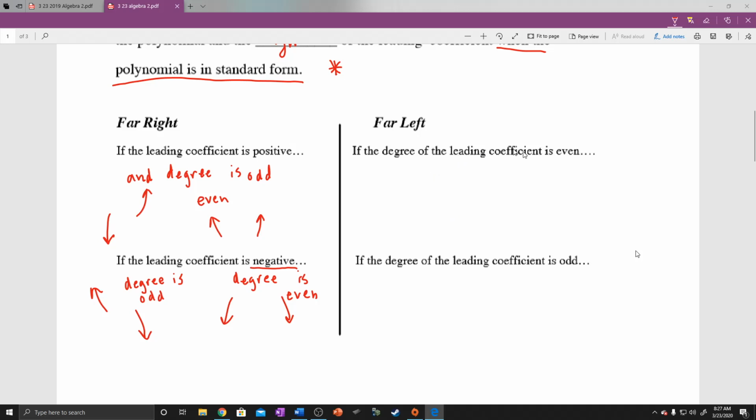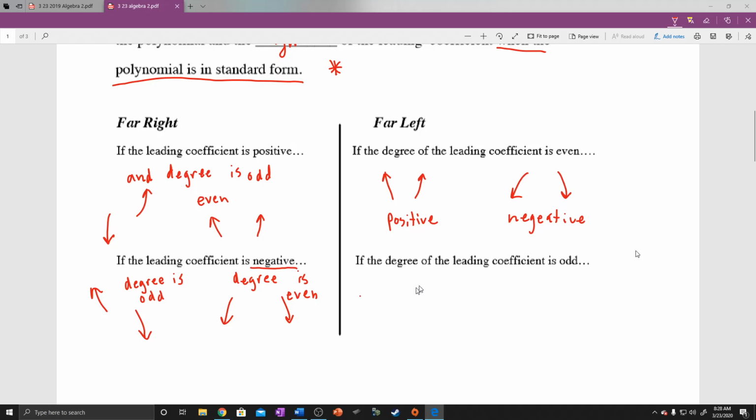If the degree of the polynomial is even, the far left will be up and the far right will be up. So it'll be up, up, and that's with a positive leading coefficient. If you have a negative leading coefficient with an even degree, then it's going to be down, down.